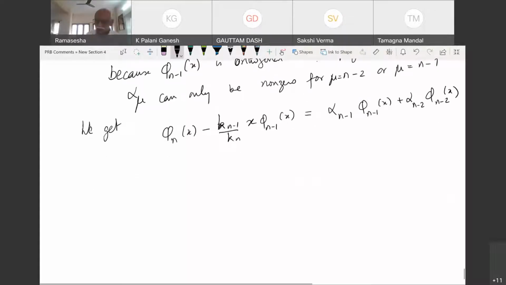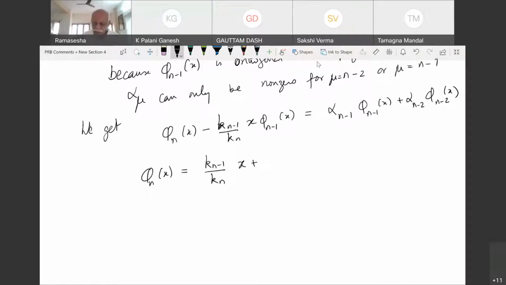Okay. So now I can write Pn x as equal to Kn minus 1 upon Kn x Pn minus 1 x plus alpha n minus 1 Pn minus 1 x plus alpha n minus 2 Pn minus 2 of x.